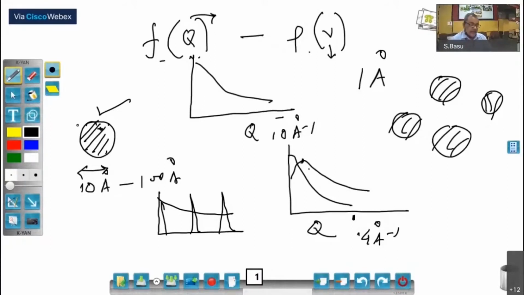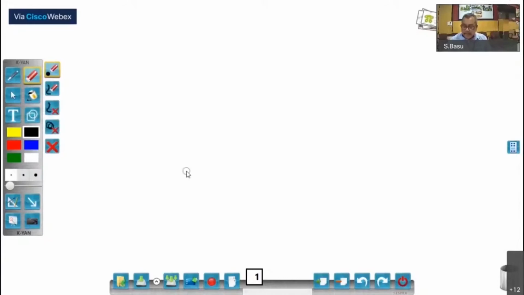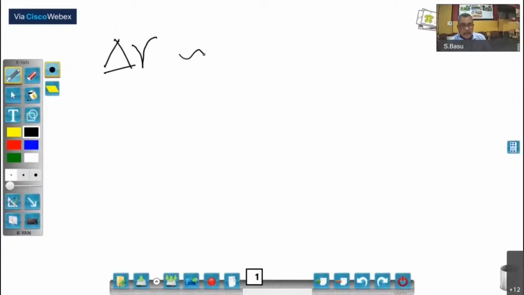There is a question: is there any generalized way to understand the concept of resolution in these different techniques? Yes, that's what I was trying to tell you. One is that quantum mechanics dictates that my spatial resolution in a diffraction experiment goes as Q max.